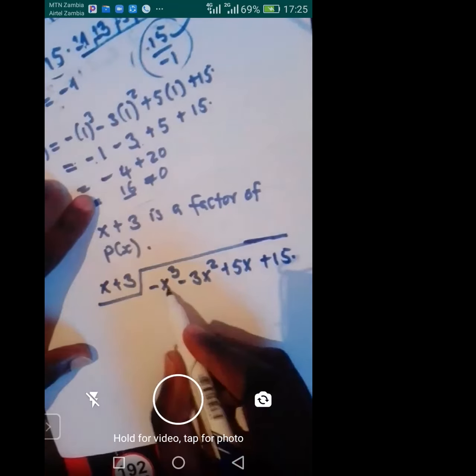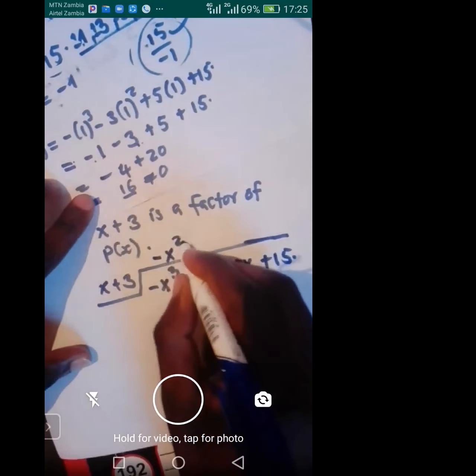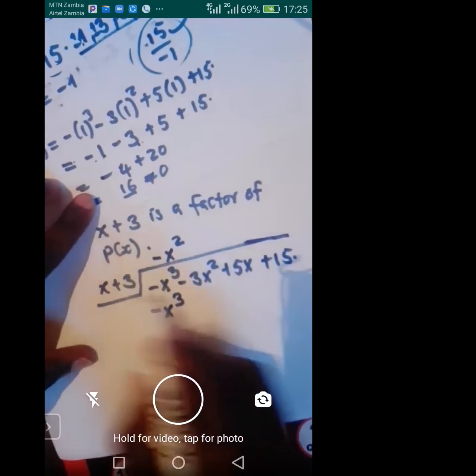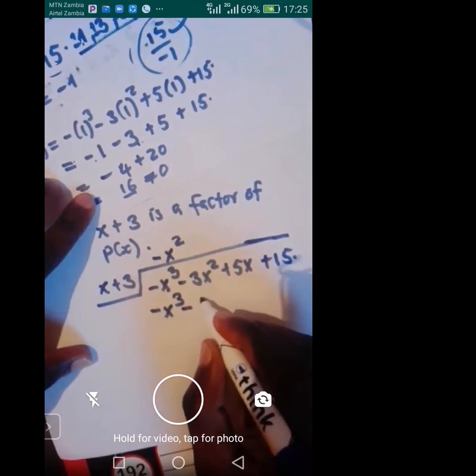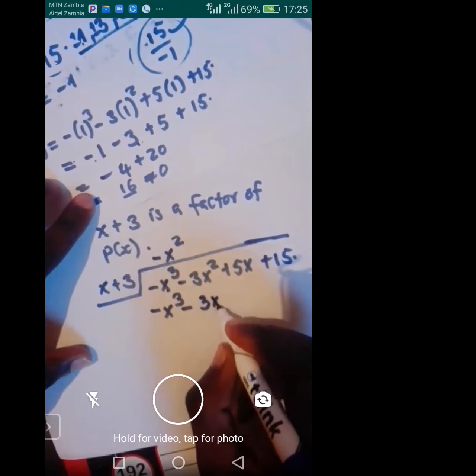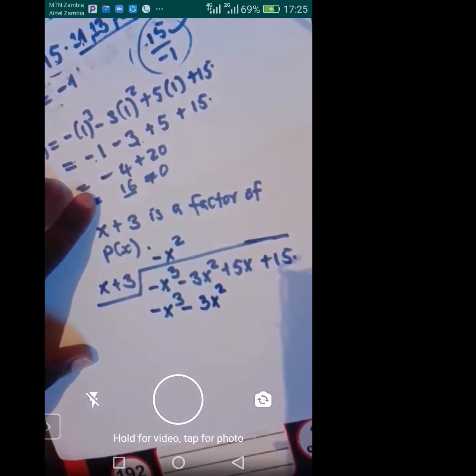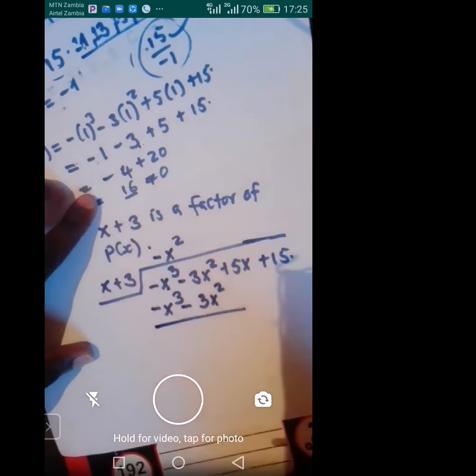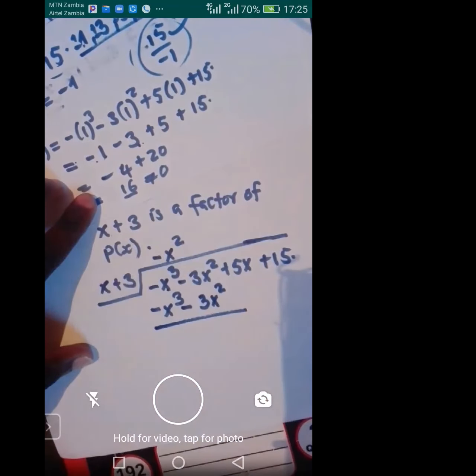So x is there to give you minus x squared. So we're going to have minus x to the power 3 minus 3x squared. Subtract there. What do we get?